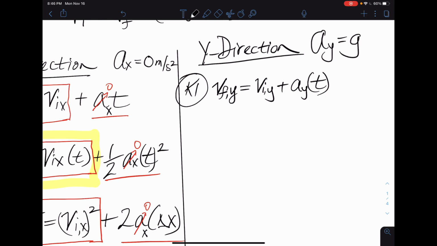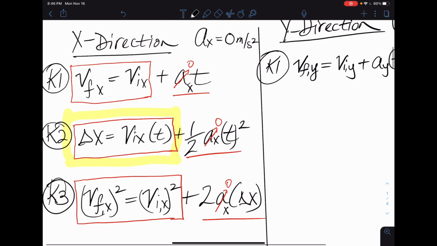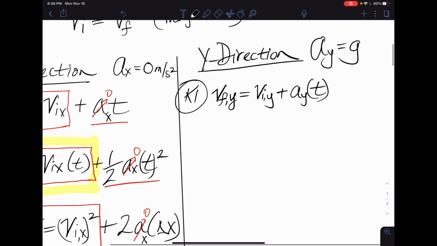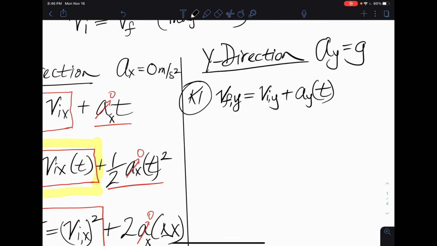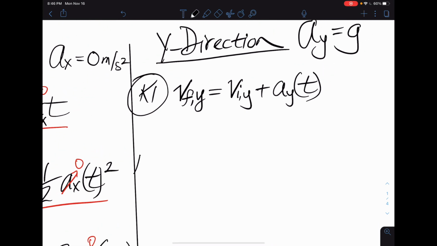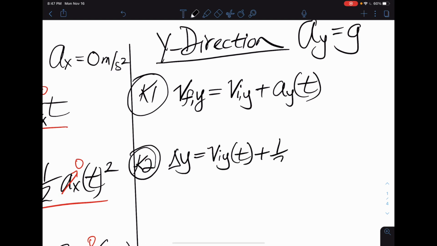I can't tell you how many times I've graded a student's test, and they'll have the X formula for K2, and they'll be telling me AX is 9.81. It's like, no, that is not going to work. And then after that, the wrong answer follows, and so you don't want to do that. All right, K2: delta y, right? Everything's about y now, is equal to VIY times t plus 1/2 AY times t squared.